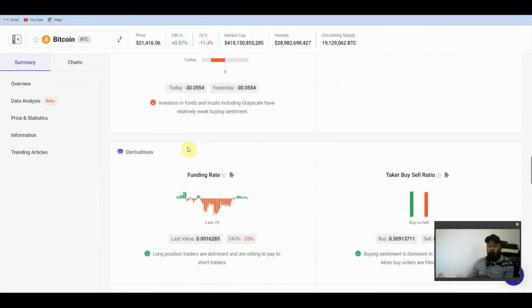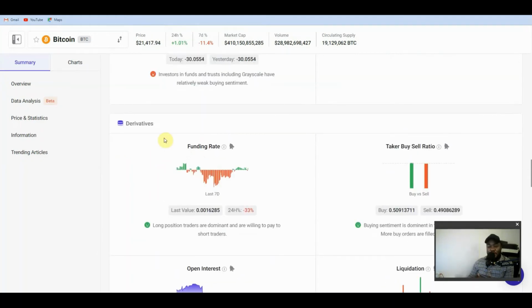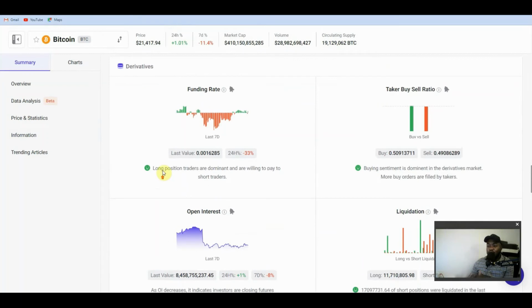These things are showing you exactly the sentiments, what's happening generally in the market. You can call it sentiment analysis, and it's also part of on-chain analysis. Another thing here is funding rate.